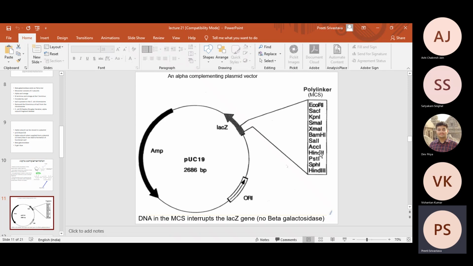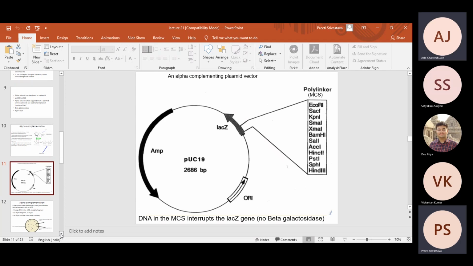Because the lacZ alpha subunit is disrupted, it cannot make a functional alpha fragment, so it will not make a functional beta galactosidase, and it cannot turn X-gal into a blue colored compound, right? Yes, ma'am.